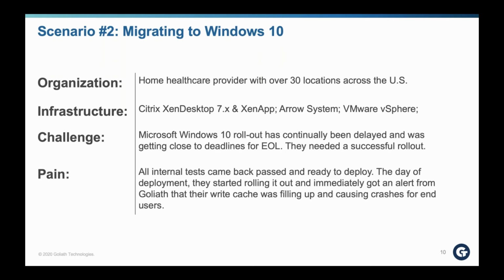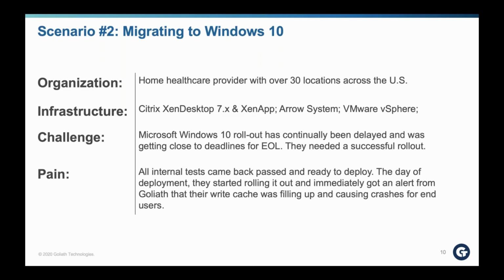In this case, they're rolling out Windows 10 because of the Windows 7 end of life, and they deployed our technology in that beginning stage to make sure that they can monitor the environment in real time and that user experience is good in the testing environment.